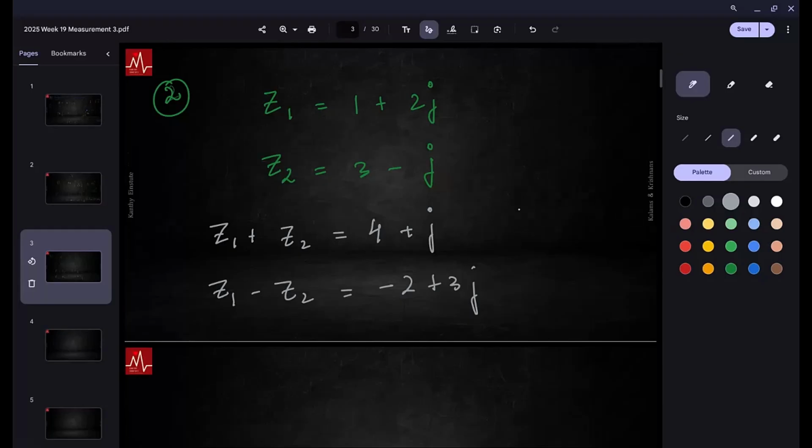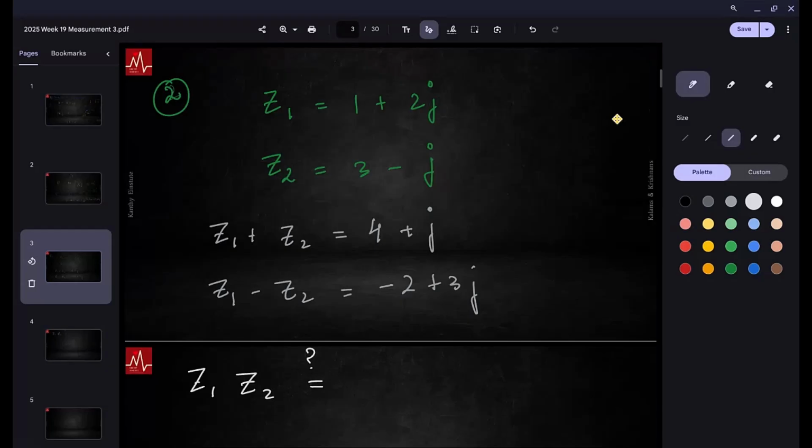We have already used this. Now let's say what is z1 into z2? What is this? Multiplication, there are at least two ways to do this.